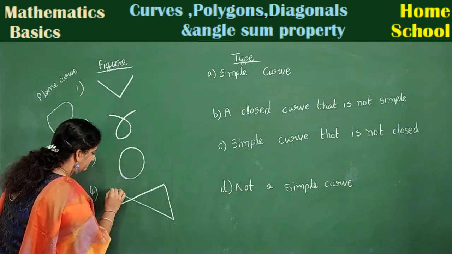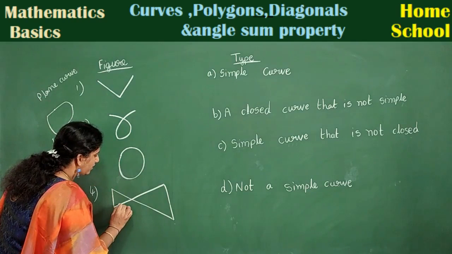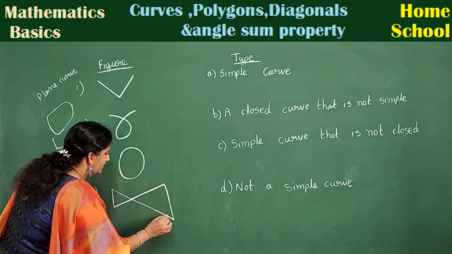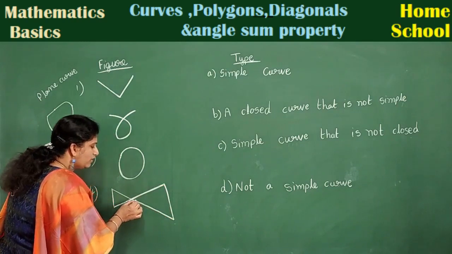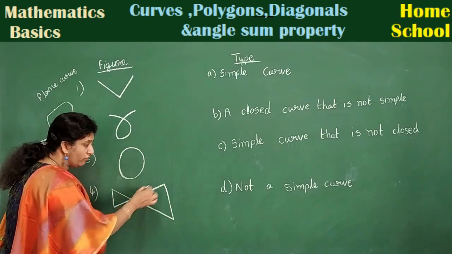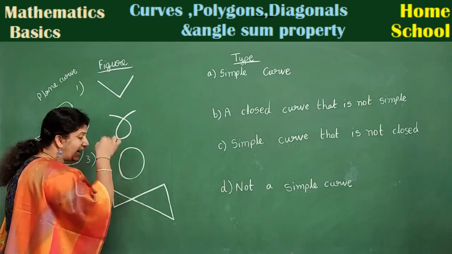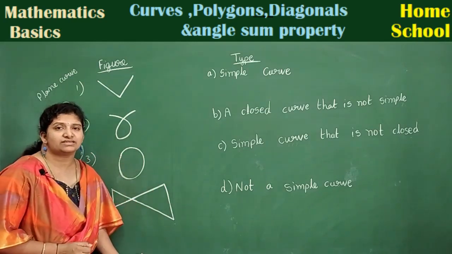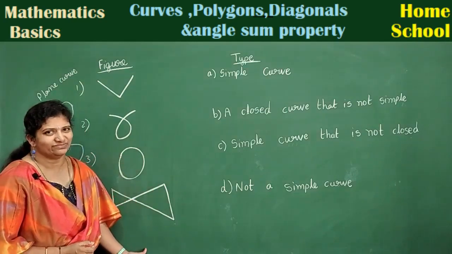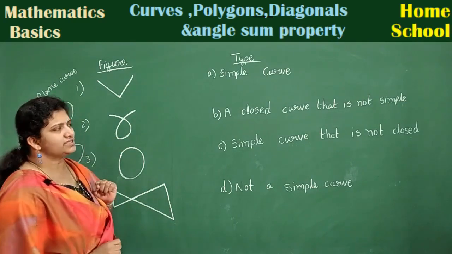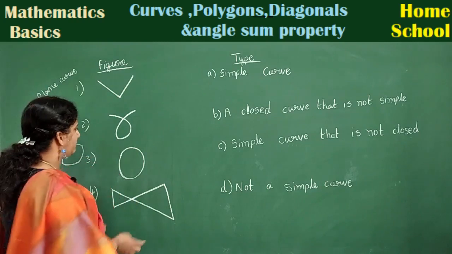Next one. Look here. First, and now it touches the old drawing. The line I had drawn before, it is touching and passing through that line. So you can say it is not a simple curve. Now try to match here. Which are the simple curves you can see?